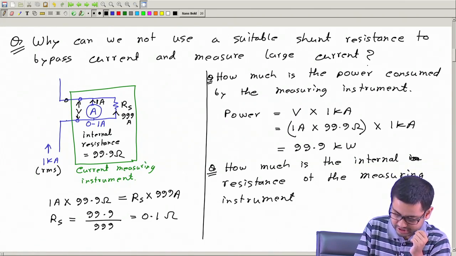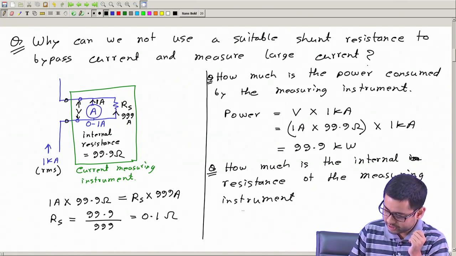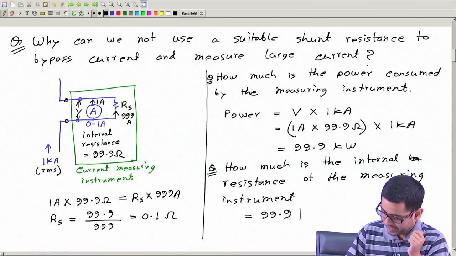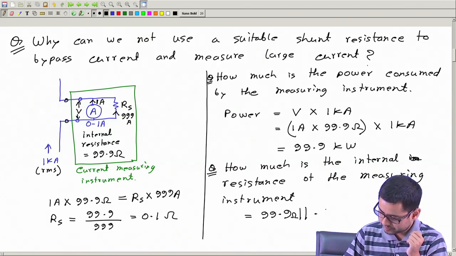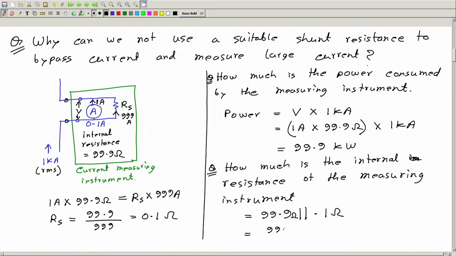What is the internal resistance of this combined thing? So this is nothing but the parallel combination of Rs and this meter resistance. So this will be equal to 99.9 parallel 0.1 ohm. So this value will come out to be 99.9 multiplied by 0.1 divided by 99.9 plus 0.1 ohm.